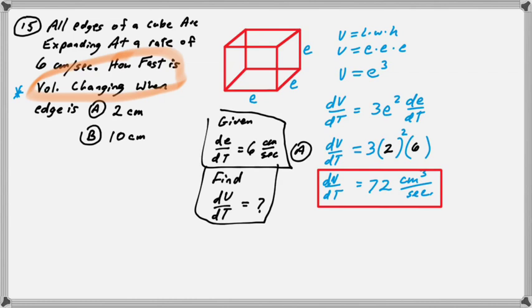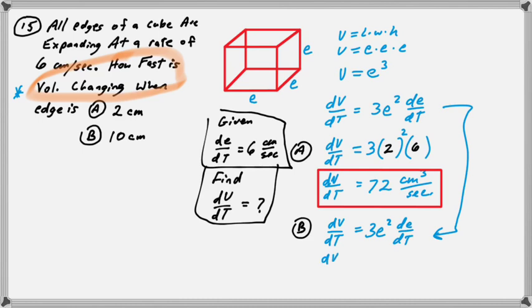Now for part B, you're going to take the exact same formula. dV dt equals 3E squared dE dt, which is the same exact formula. But this time in part B, what do I put in for the edge length? Again, I'm trying to find dV dt.